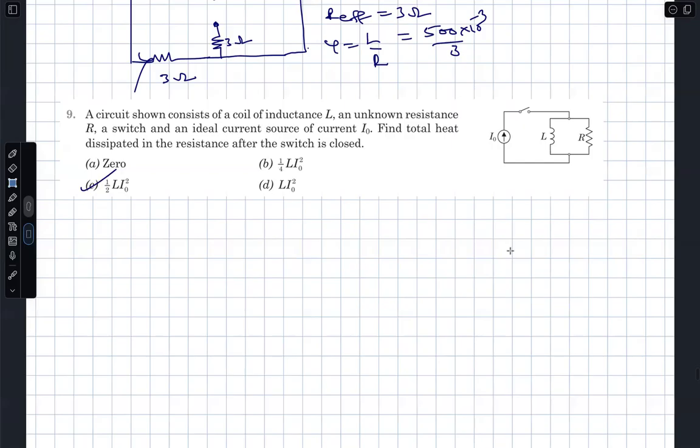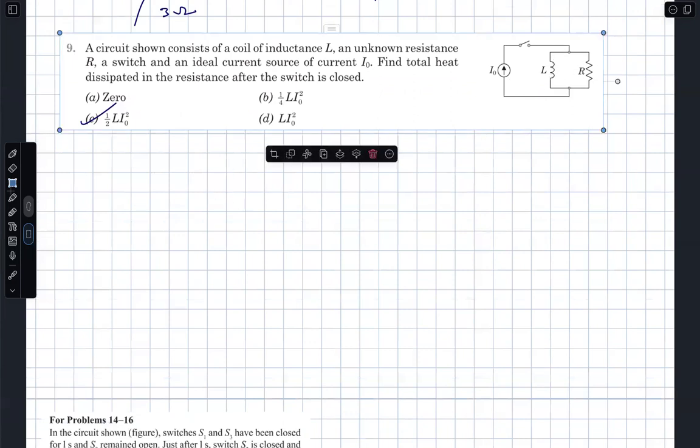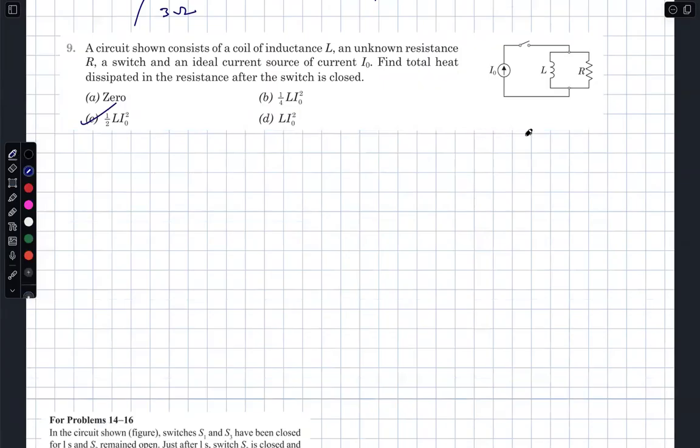You have a constant current passing. This is a source of constant current. The moment when you close by hook or crook, I naught will pass through.